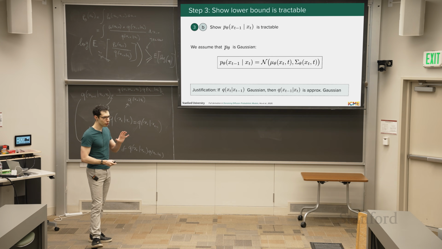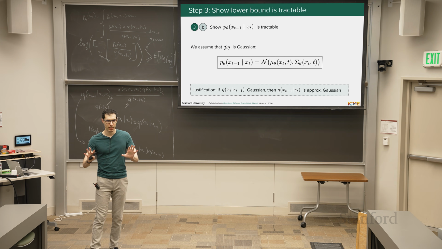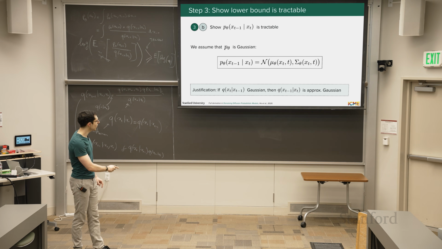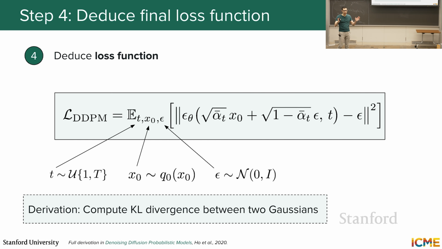So if you replace these into the KL divergence formula, which is this integral of log of p over q and then p, it turns out you have a lot of things that simplify. At the end of the day, what you end up with is just the distance between the noise that you want to predict and the noise that you sample to go from the clean image to the noisy image. You take the L2 distance of that.